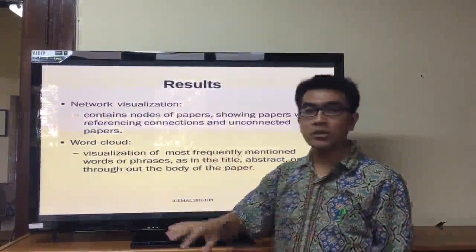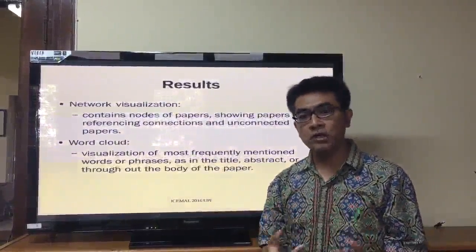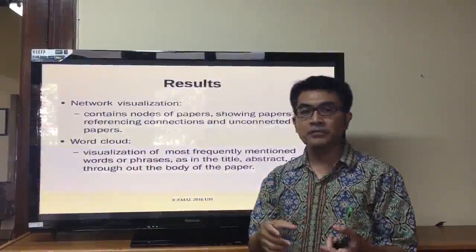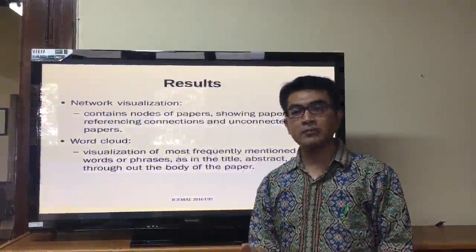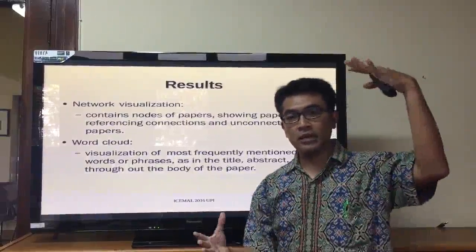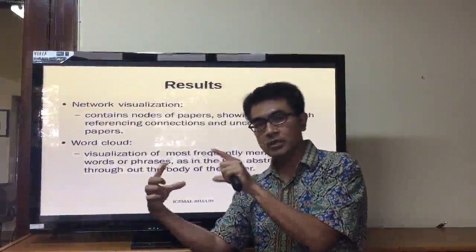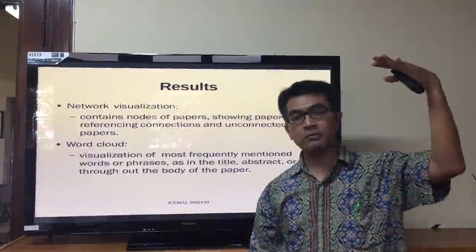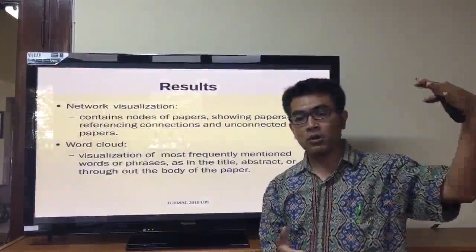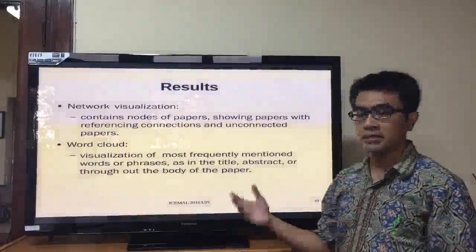Here we try to count the statistic of most frequently mentioned words in each of the papers and build a cloud consisting of words printed in big size fonts and words printed in smaller size fonts. So bigger font means the word is used more than the words printed in smaller fonts. We can see the result later.